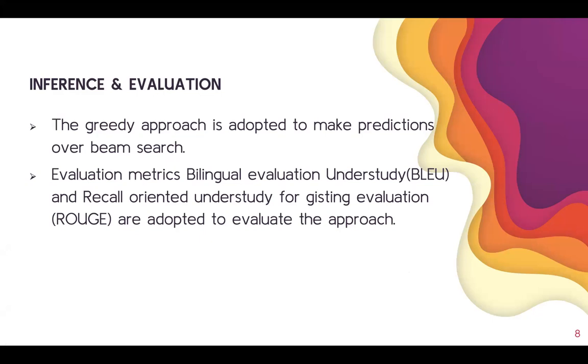So we adopted the greedy approach to perform inference in this research. For the evaluation metrics, as I stated earlier, we use the Bilingual Evaluation Understudy, which is the BLEU, and we use the Recall-Oriented Understudy for Gisting Evaluation, which is the ROUGE, to evaluate this research.